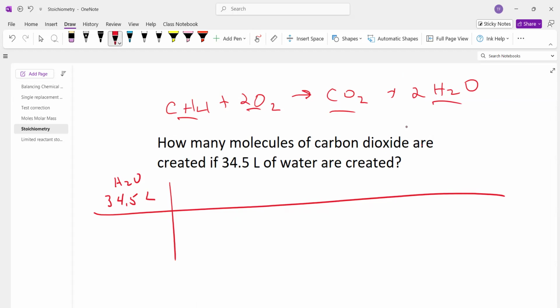Okay, so we're going from water to carbon dioxide. Water is 2, carbon dioxide is 1. The ratio is 1 mole to 2 moles. Given to moles, first step.